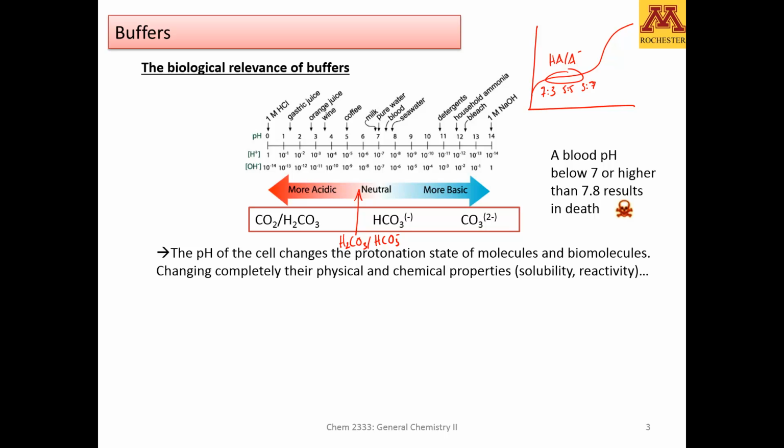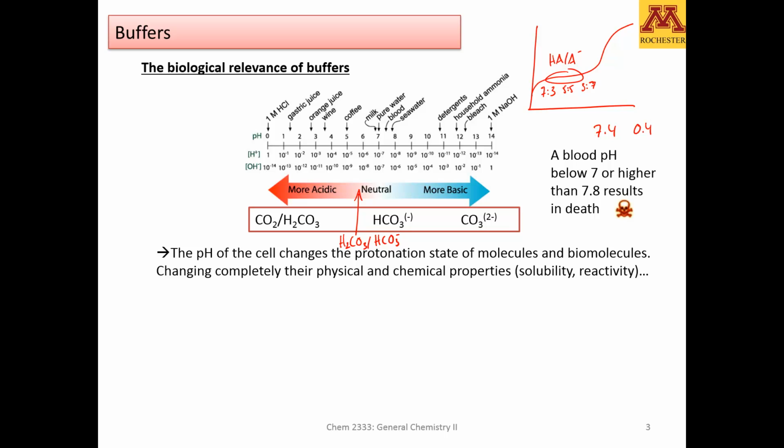Notice that the pH of human blood is 7.4. A change of 0.4 units of pH will result in death. So this is how important it is to have a strong buffer system in any living system.